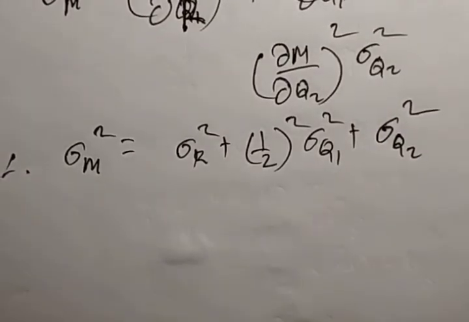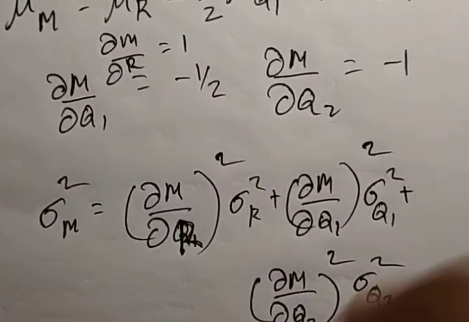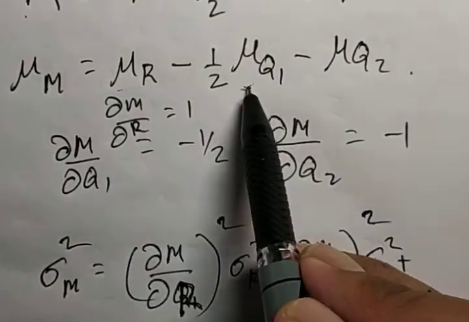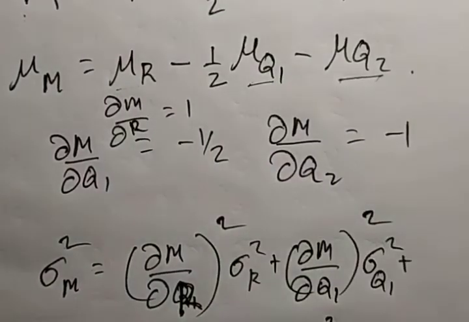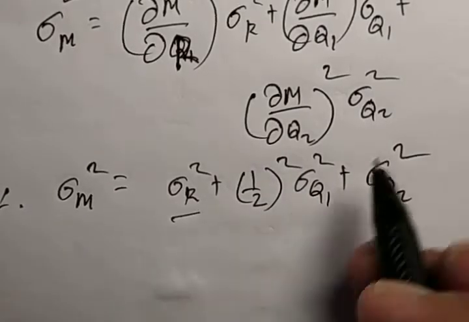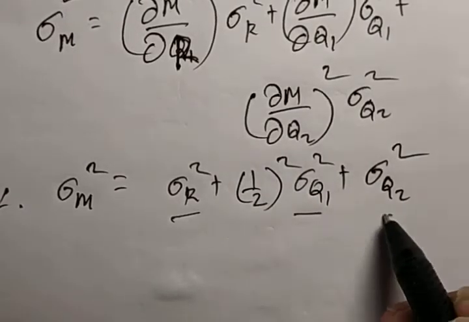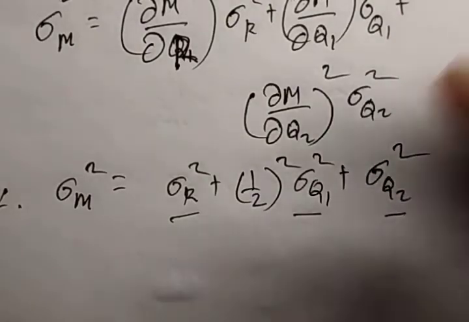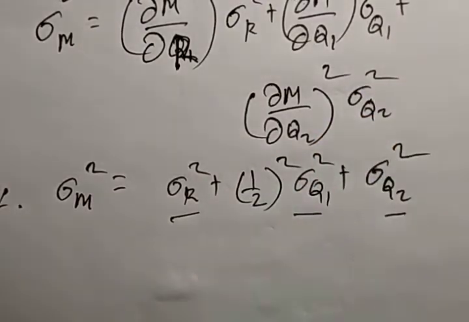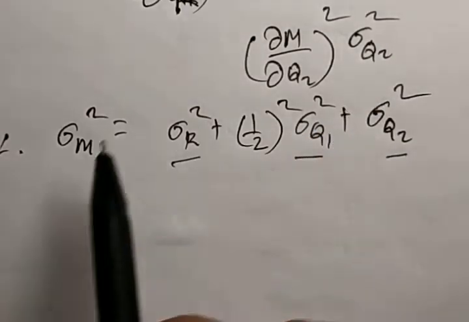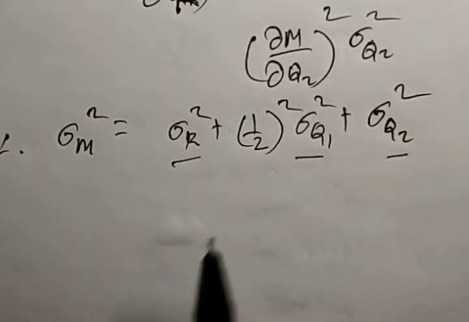Okay, now we have all the values here. We have mu r, mu q1, mu q2 given in the problem, and sigma r, sigma q1, sigma q2 given. So you can just pause the video, substitute the values, and then we'll find out the values of mu m and sigma m.